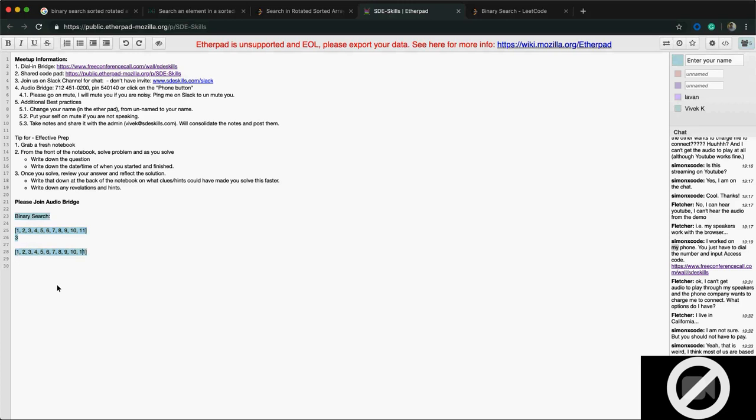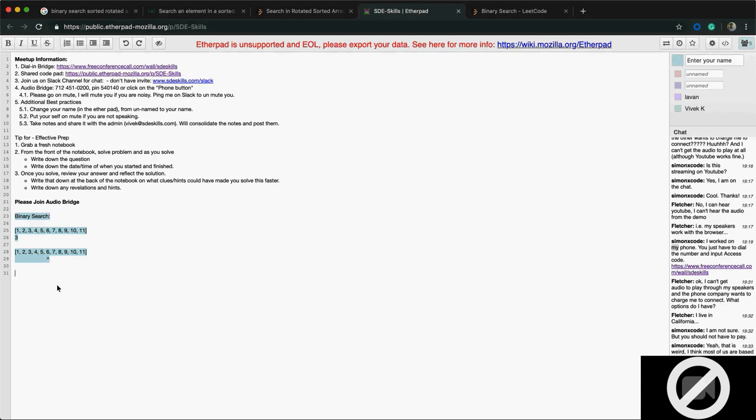If it is not, you check whether it is larger or smaller than your target. If it is smaller, you search the left side of your list from your middle point. Otherwise, you search the right side of the list from your middle point, and then you repeat the process until you find your target number.